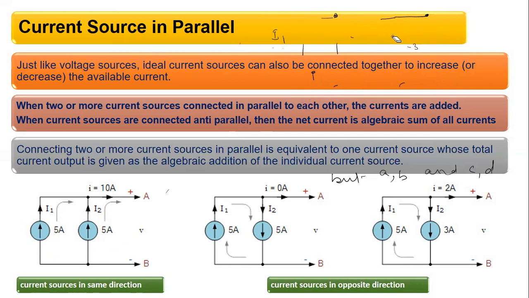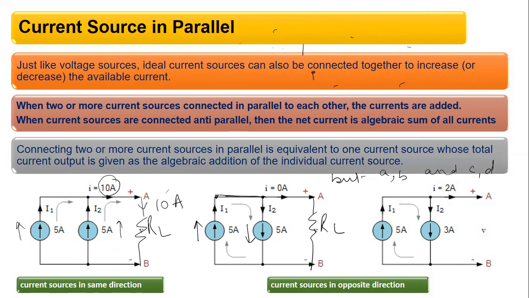In the first diagram, as you can see, there are two current sources. Okay, so they have the same direction, upward, and the net current that would be flowing in these terminals, if a load is connected here, so this load will have 10 ampere of current, right? Now in the second case, if you see, the direction is opposite to one another and they are sharing the same node, because these two nodes do not have any resistance connected in between, and hence these two nodes are at the same potential, this one and this one.